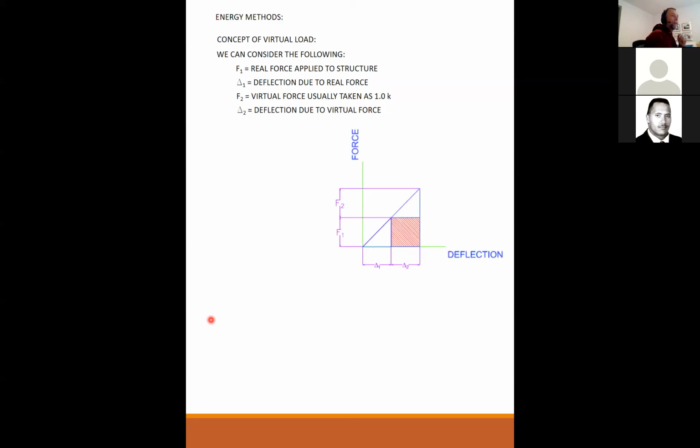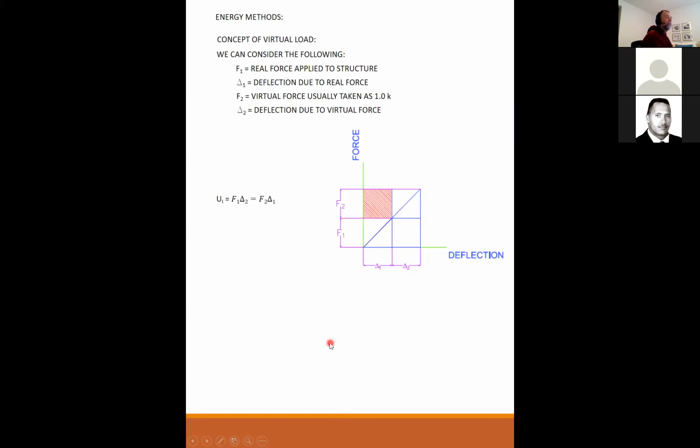then I can say that, again, here's my chart. So F1 is the real force, delta 1 is the real deformation, F2 is a virtual force, delta 2 is a virtual deformation. So then we can say that my internal energy is F1 times delta 2, this part here. But we can also say that this amount of energy is equal to the amount of energy F2 times delta 1.